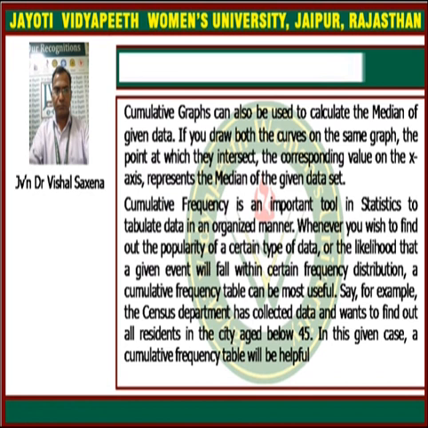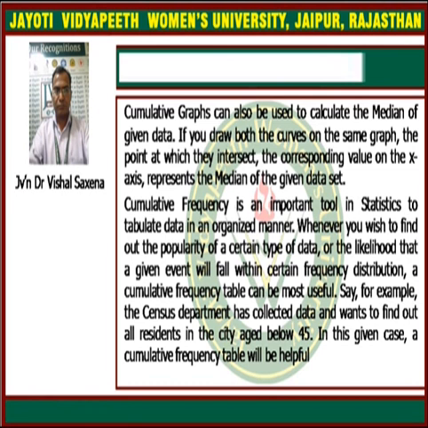Cumulative graphs can also be used to calculate the median of given data. So the advantage or use of cumulative graphs is that we can find the median of the data. If we draw both the curves on the same graph, the point at which they intersect, the corresponding value on the x-axis, represents the median of the given data set.